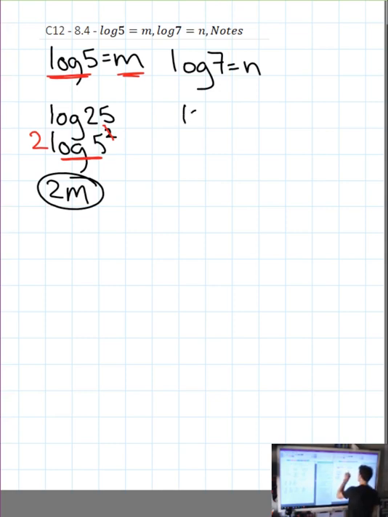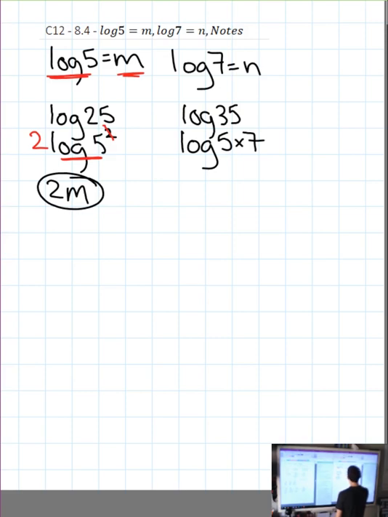What if I have log of 35? Well, here we can use rule number 4 that we learned last time and separate it into a multiplication. Separate 35 into a multiplication, 5 times 7.